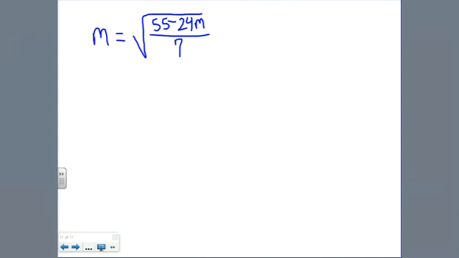Now, clearly, before we can solve what may or may not be a quadratic equation, we have to get rid of the radical. This is kind of undoing the square root property from earlier. The opposite of taking the square root of something is actually squaring it. So to get rid of the radical, we'll square both sides of our equation.